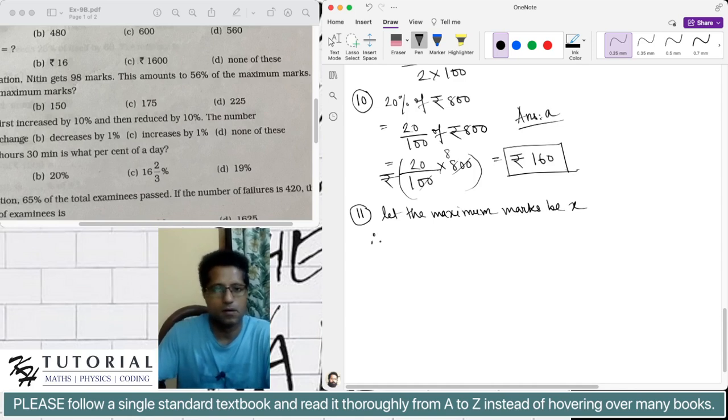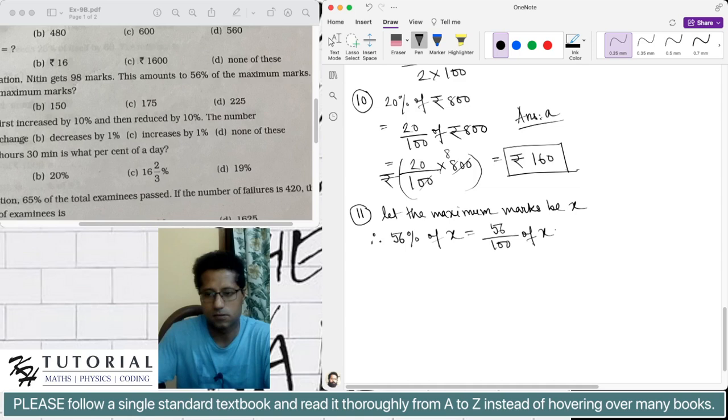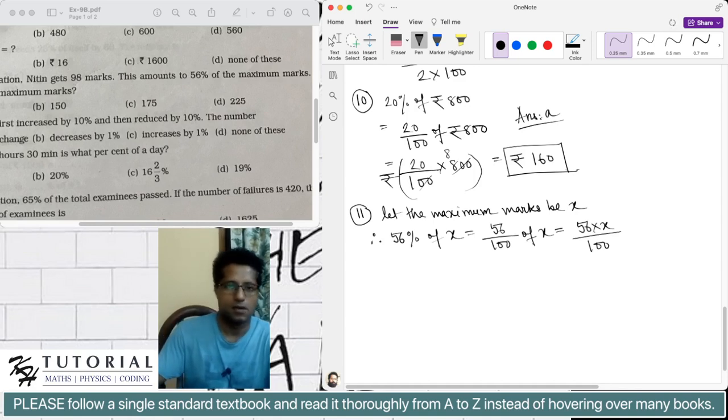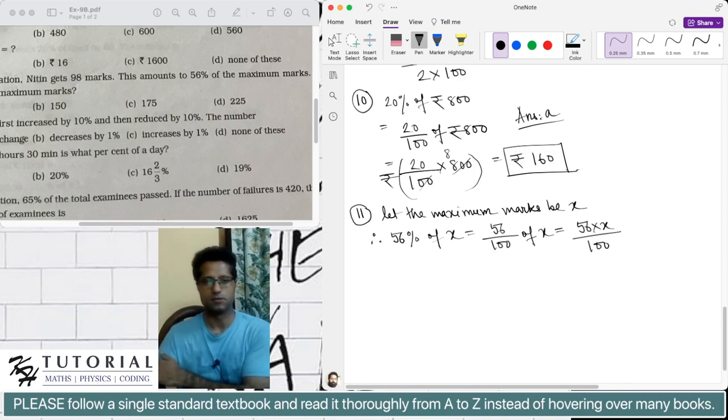Therefore 56% of X is equal to 56 by 100 of X. This is equal to 56 multiplied by X by 100. So this is the marks Nitin got, because it says that Nitin gets 98 marks. This amounts to 56% of the maximum marks.